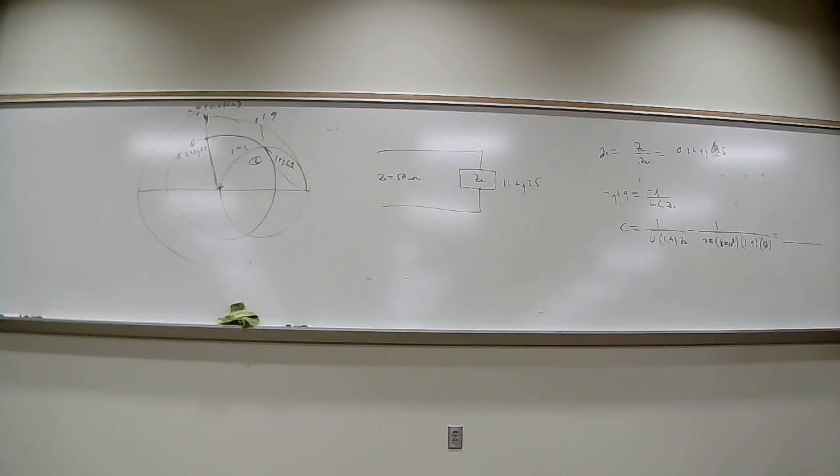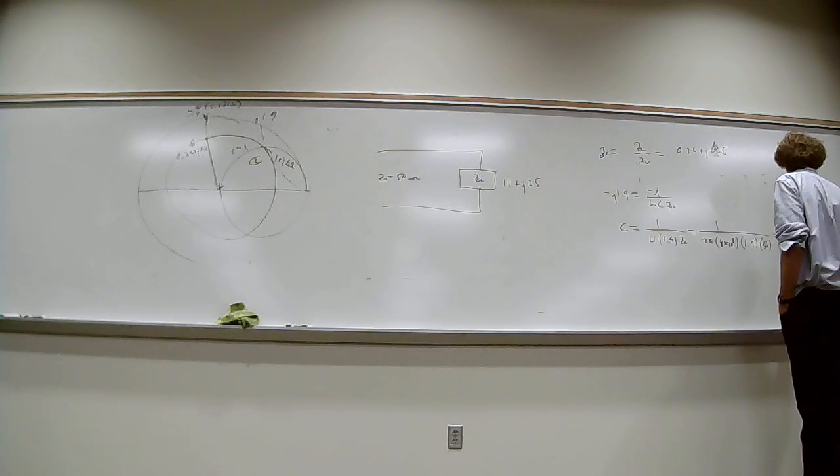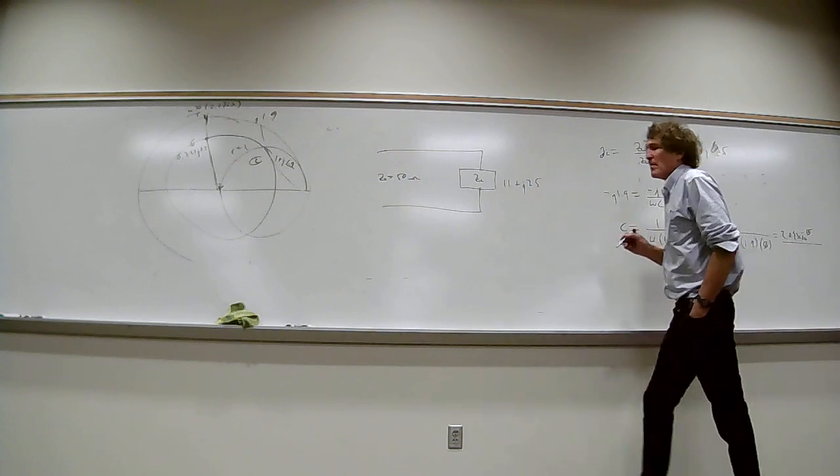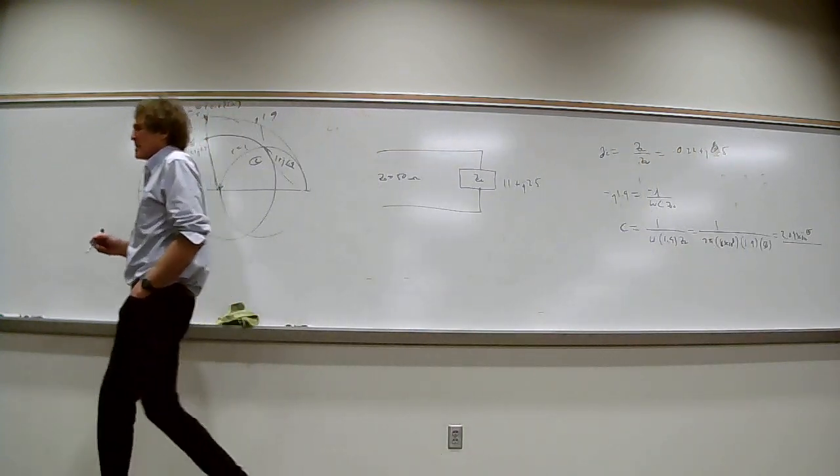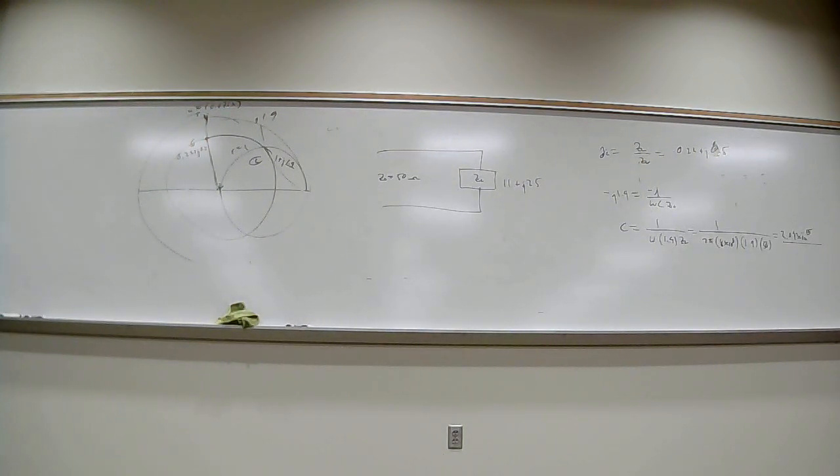Anybody? I got like 2.09 times 10 to negative 15. That's extremely small. But 2.09 times 10 to the negative 12 sounds better. Yeah, I got that too. I don't know what the capacitance is.